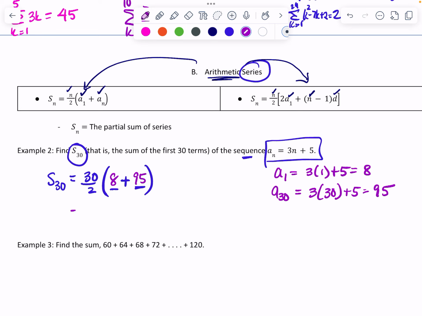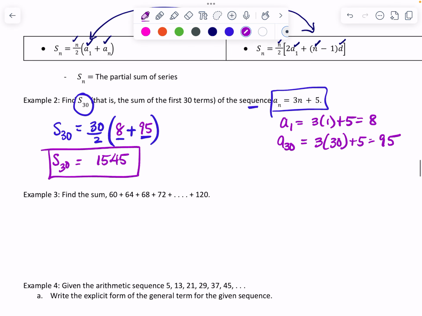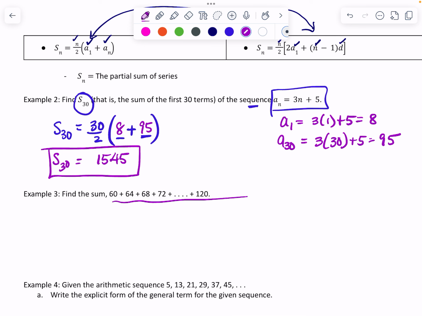So the very first formula was pretty usable. This will turn out to be 1545. That's the sum of the first 30 terms. Keep an eye on the formatting also, how it's written. Example 2, find the sum of blah, blah, blah, blah. So I know the first term here, and I know the last term.